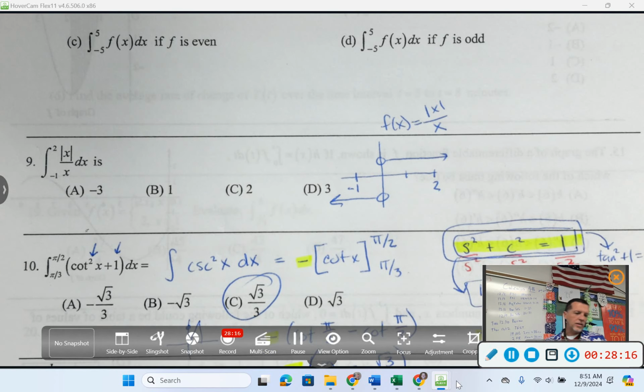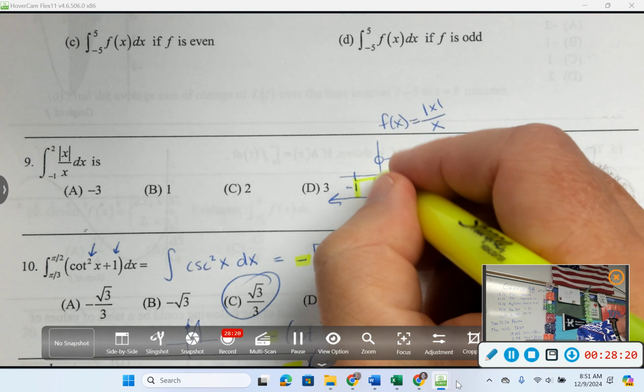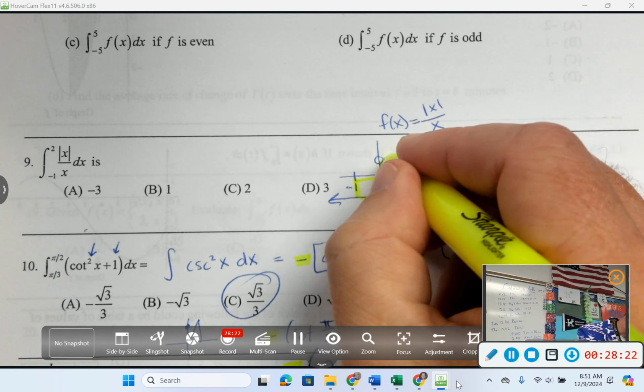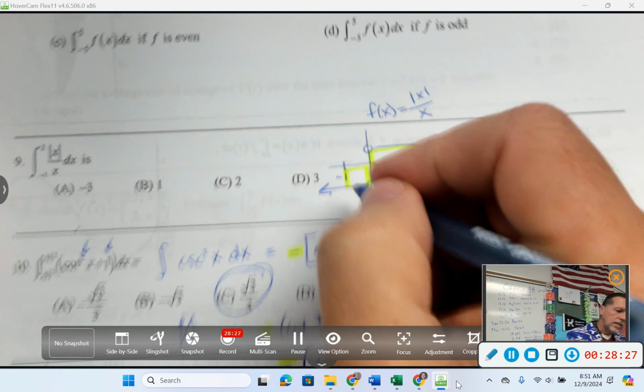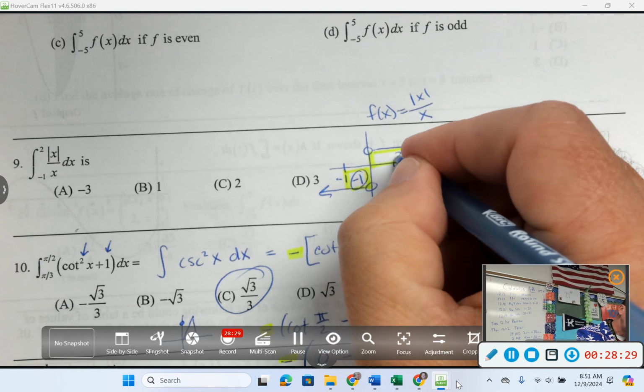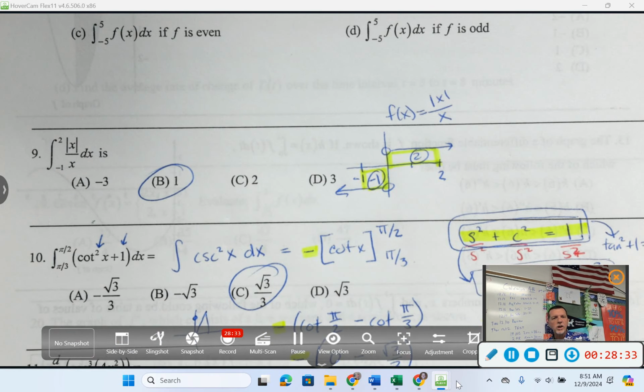So the area from -1 to 2 of that graph would be, this area is -1, this area is 2, so what? It's not a hard question if you know what the graph looks like.